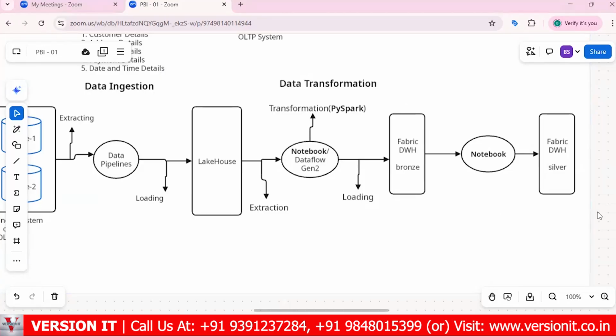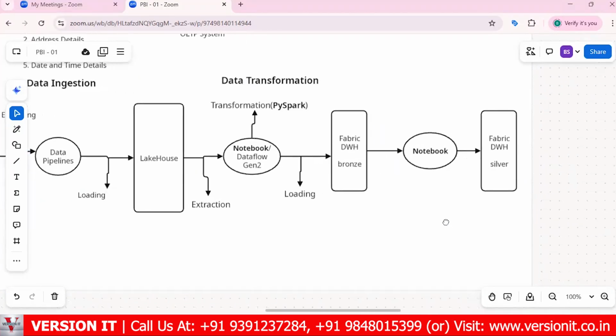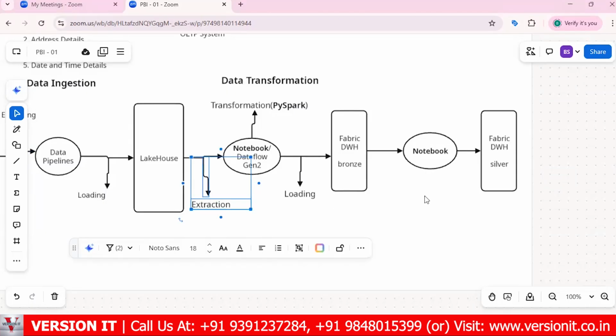That's fine. Now, the data is going to be moved from the bronze layer to the silver layer, and that happens by using the notebook only. The same PySpark code you are going to write here. I hope you can understand.